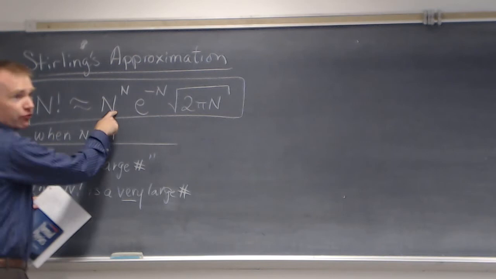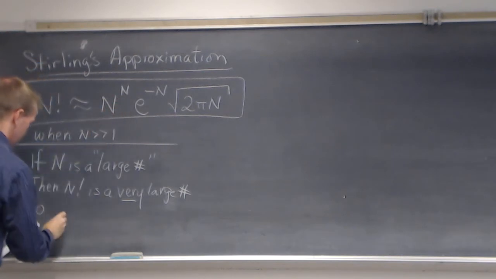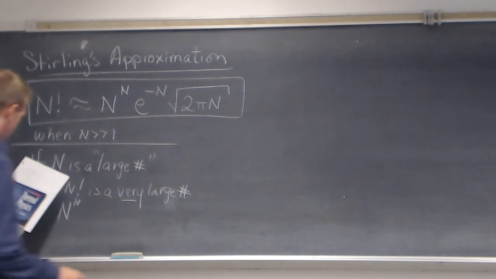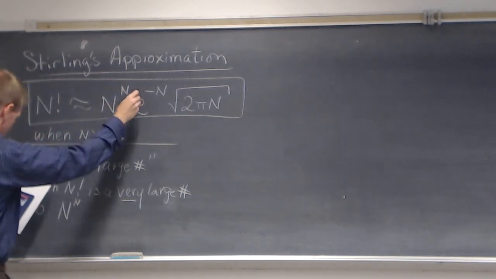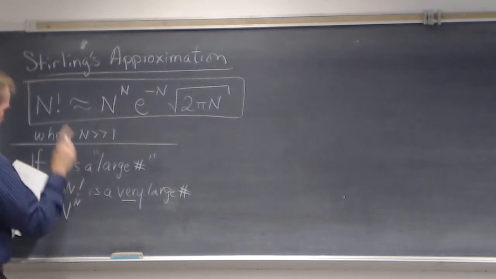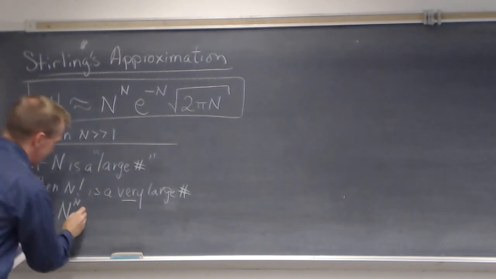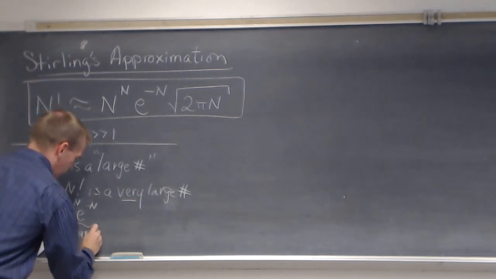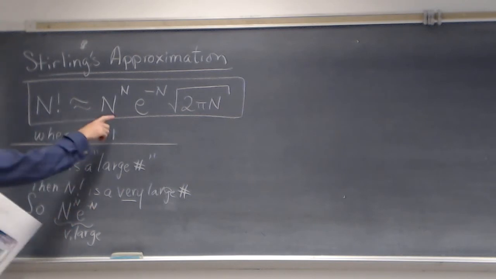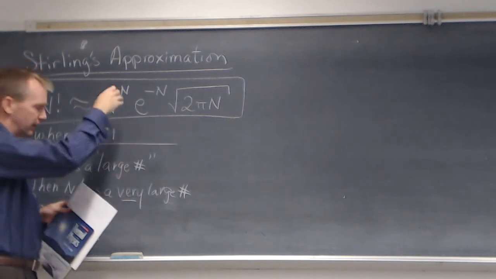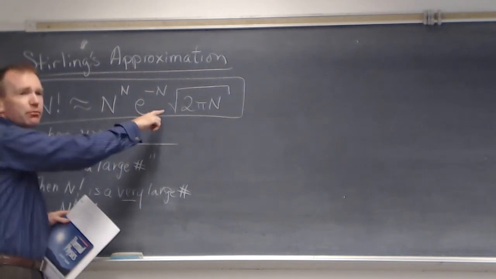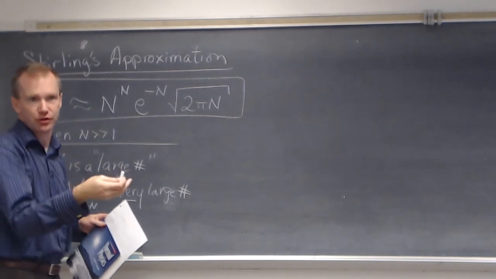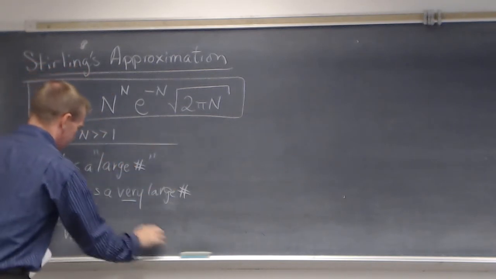If we take this first term, n to the nth power, that's very large, times e to the minus nth power. That's very large, because we're exponentiating a large number. But then we've got multiplied by the square root of 2 pi n. Well, n is merely a large number, and the square root of it is merely a large number.